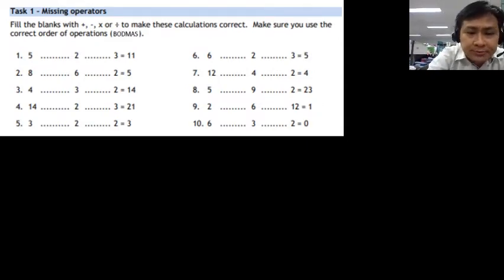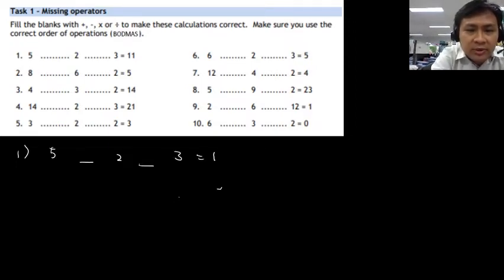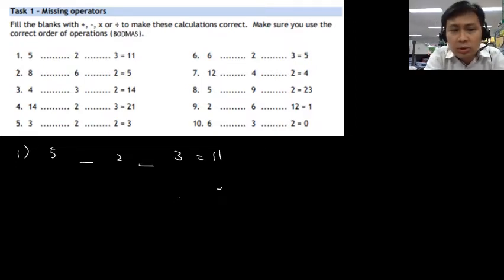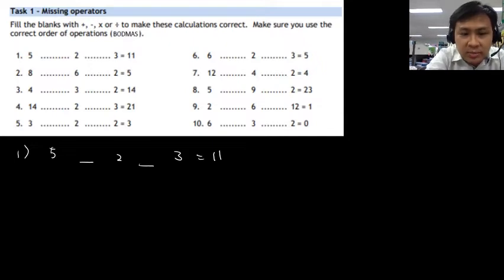Okay, so we'll take a look at an example. The first question, we have 5 blank, 2 blank, 3 equals 11. So what you are going to try and achieve here is you want to take 5 and add something to give you 11. Okay, and if we give some thought to it, 5 plus 6 will give us 11. So in the first blank, we need a plus here.